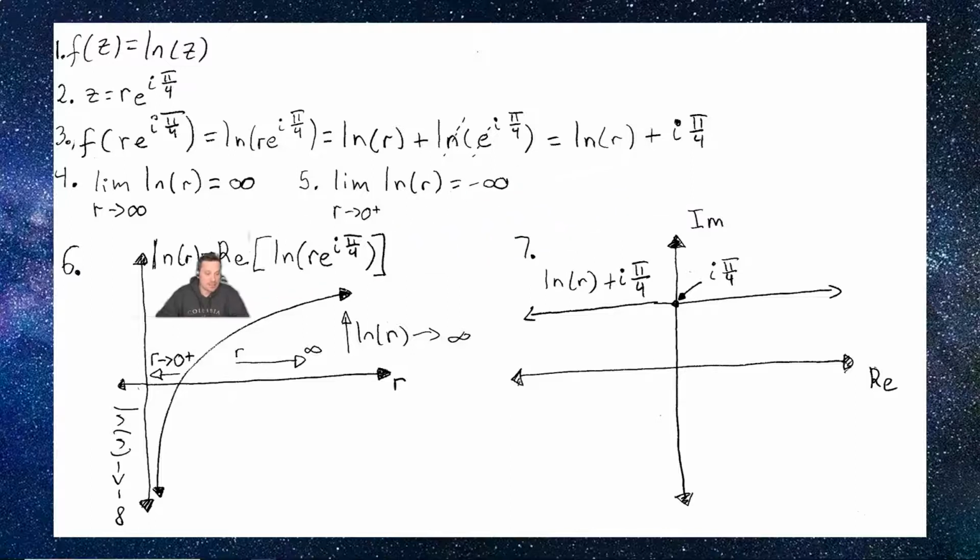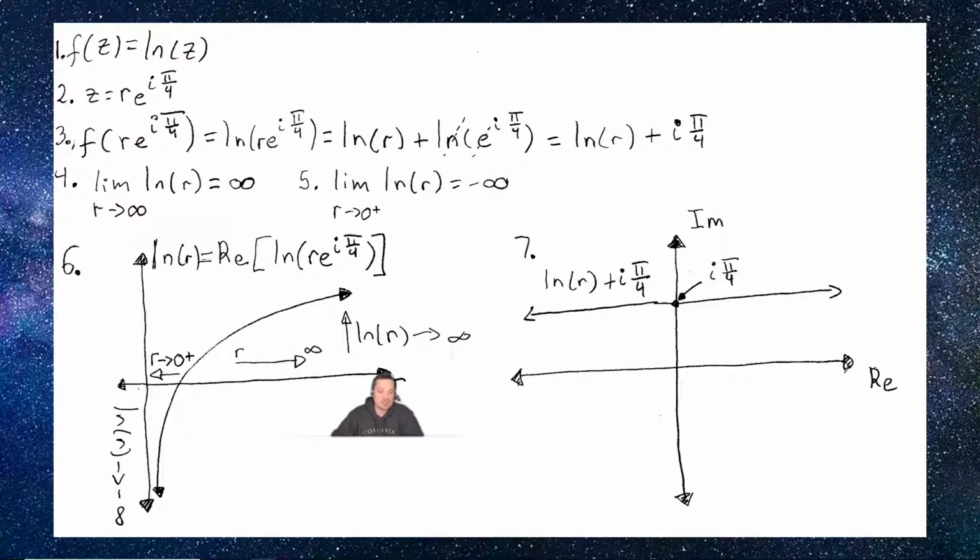Here on the vertical axis, I'm graphing ln of r, which is the real part of ln of r times e to the i pi over 4.